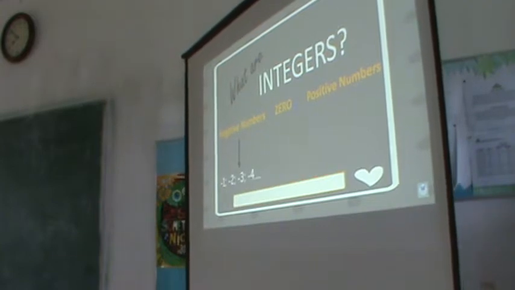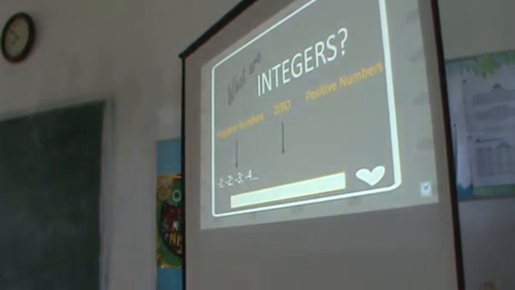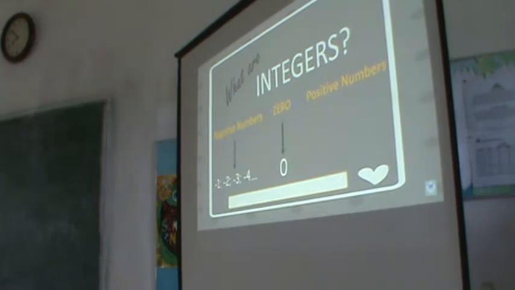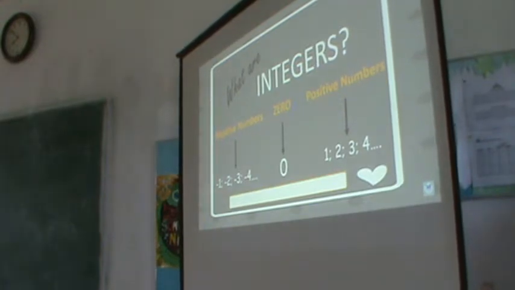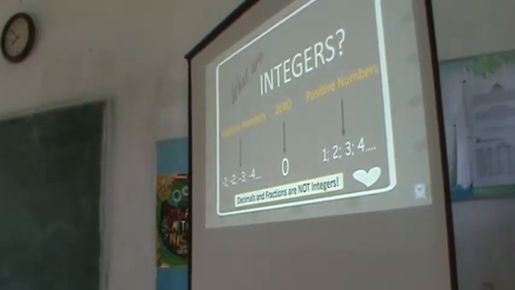The negative numbers, examples would be -1, -2, -3, and so on. And then 0, we're all familiar with 0. Remember, 0 is neither negative nor positive. It is a neutral number. And then positive numbers, 1, 2, 3, that you've been working with since you were at grade 1. It's also important to know that decimals and fractions are not integers. They do not form part of integers.